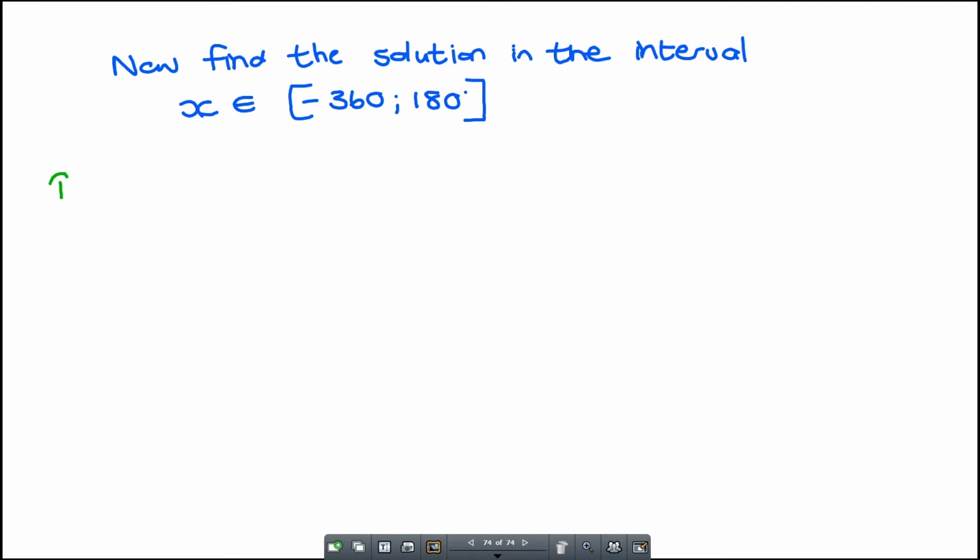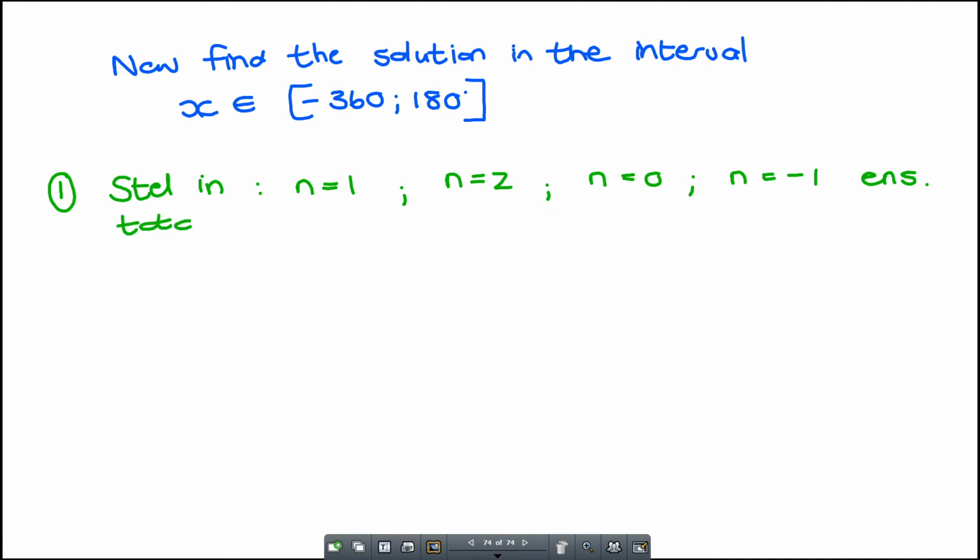Ek gaan eers gou alles klaar vir jou skryf. Kan ek maar sê, skryf julle nog.